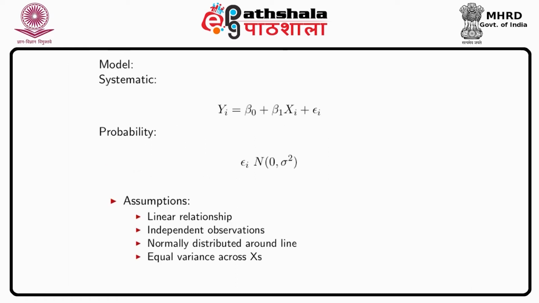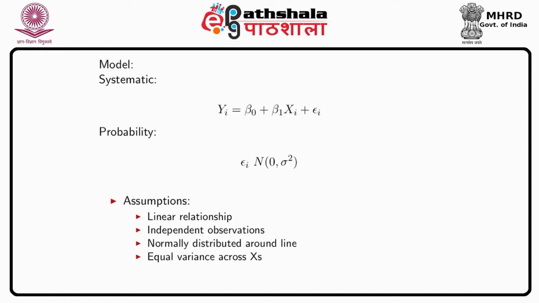So let us first look at the assumptions which we make before fitting a regression model. So the model, as I said, can be written in terms of y and x in the following form: yi equals beta 0 plus beta 1 xi plus epsilon i, where xi represents the independent variable or the systematic part, and epsilon i represents the error.